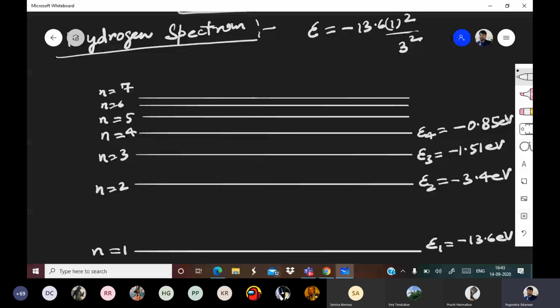After that, E5 is equal to minus 13.6 divided by 25, so that will be minus 0.54 eV. E6 means 13.6 divided by 36, that is 0.38.